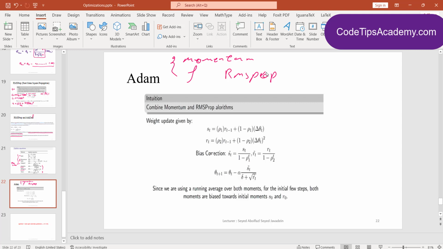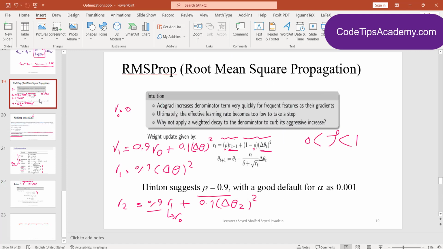This is the idea behind Adam. Okay, I explain this to you. Adam is very easy in the mathematical concept. You can see here that we have these two formulas.